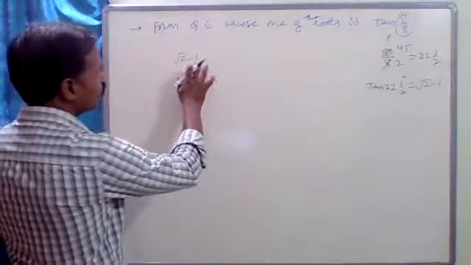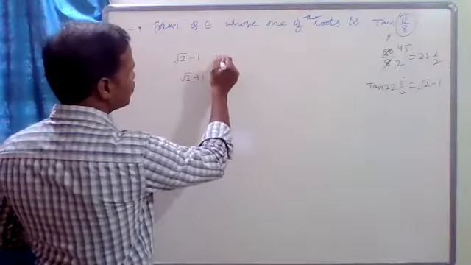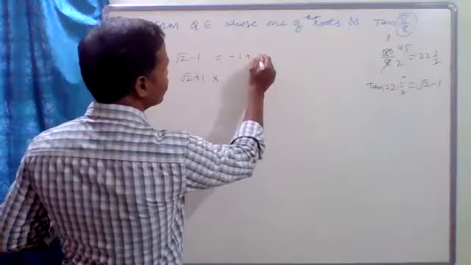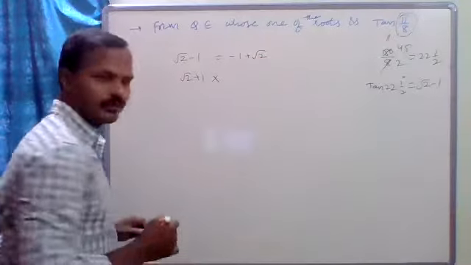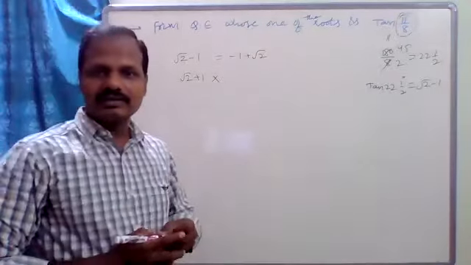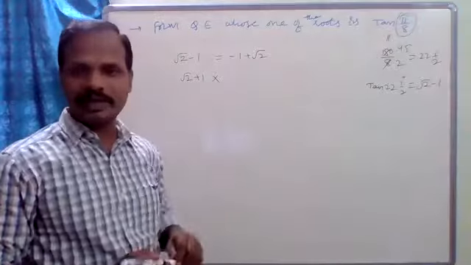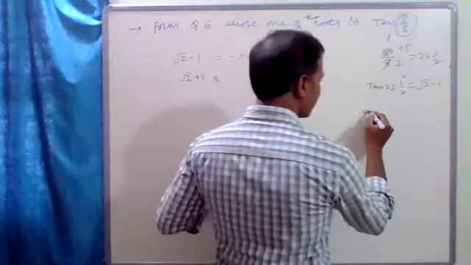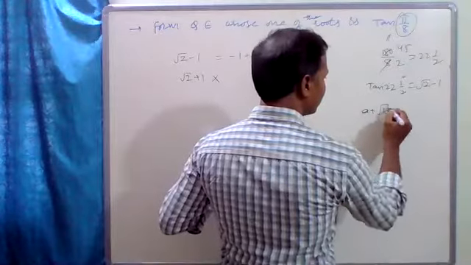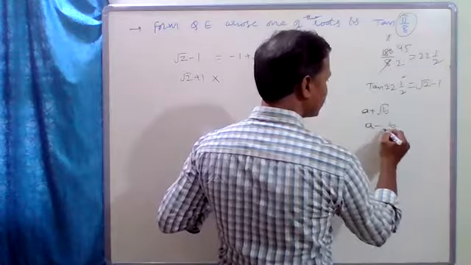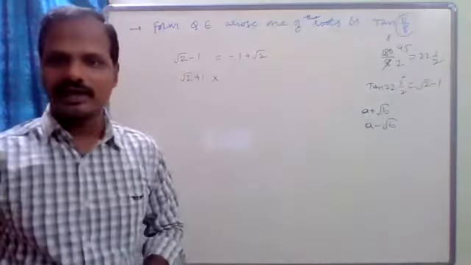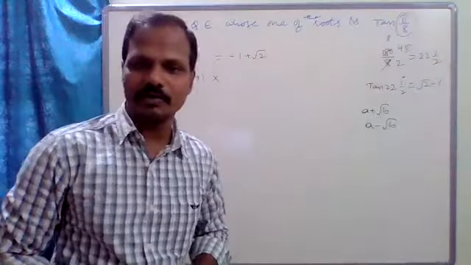See, root 2 minus 1, so modify this one: minus 1 plus root 2. The conjugate should be of the form a plus root b, then the other one is a minus root b.